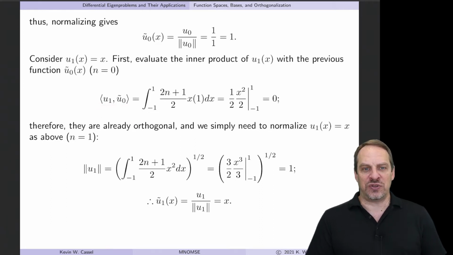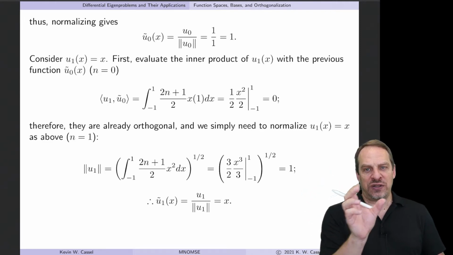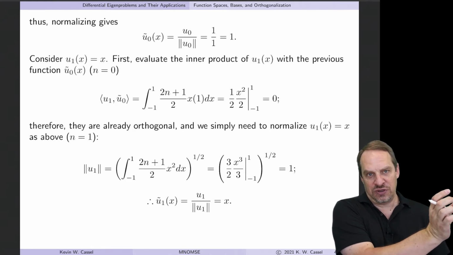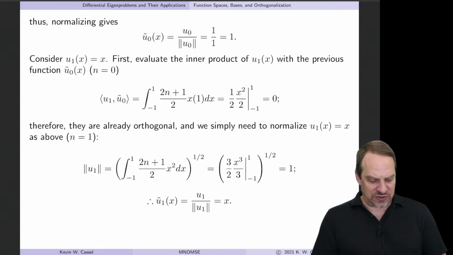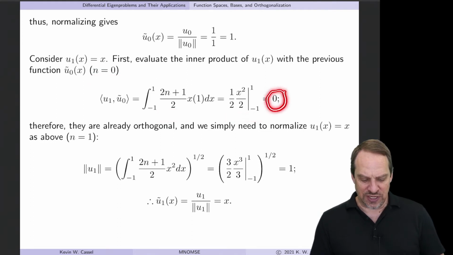If you remember how this works, you take the original function and you subtract off an inner product times the previous function. And that inner product in this case is u1 with u0 tilde. So here's the u1, here's the u0 tilde, which is just 1. Of course, include the weight function where n is equal to 0. You integrate that, apply the limits of integration, and you get 0.